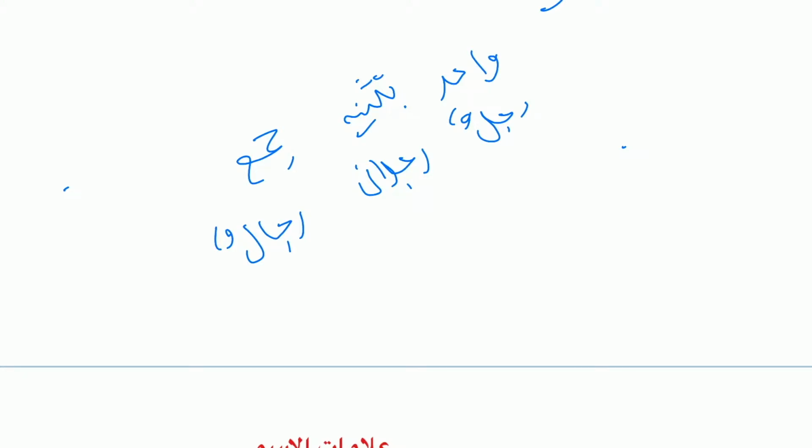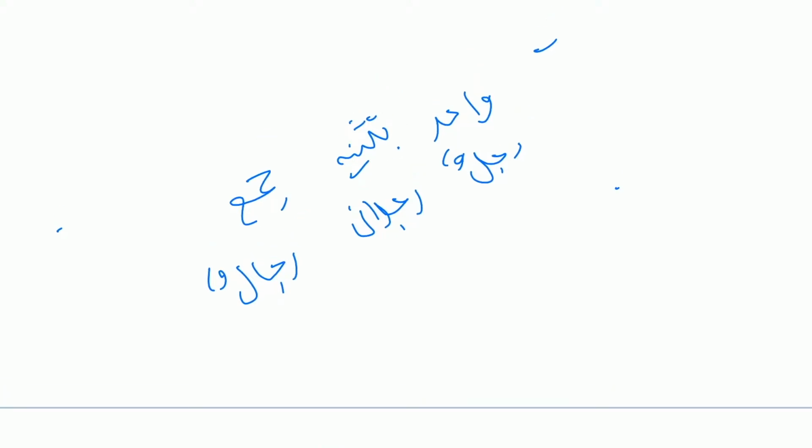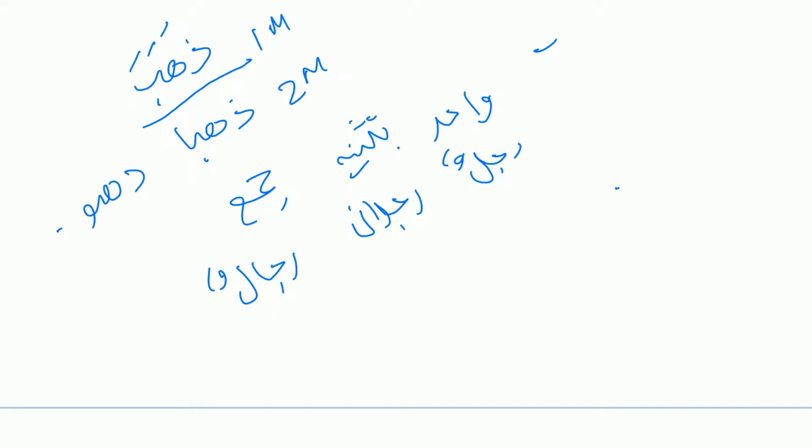So now look here. Wahid, one. For example, you say Zahaba. Zahaba means one man left. And Zahaba means two men left. And Zahabu means many, three and above left.